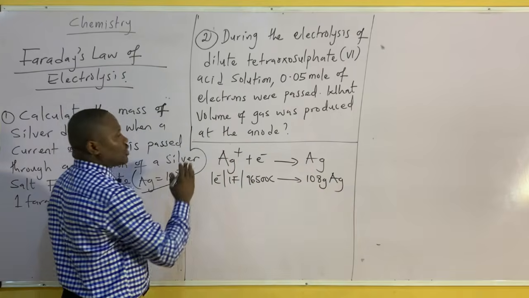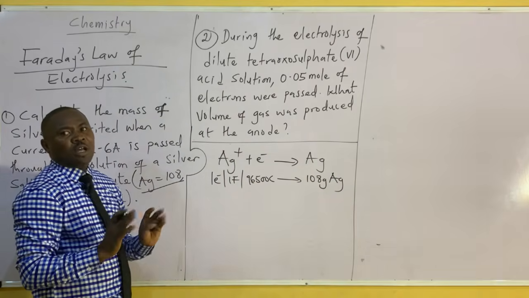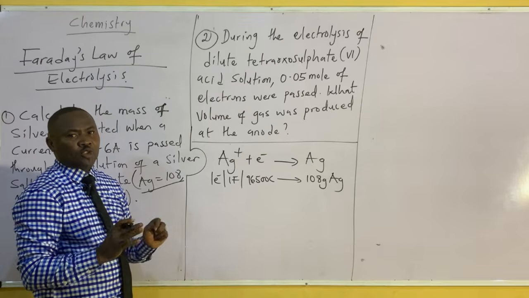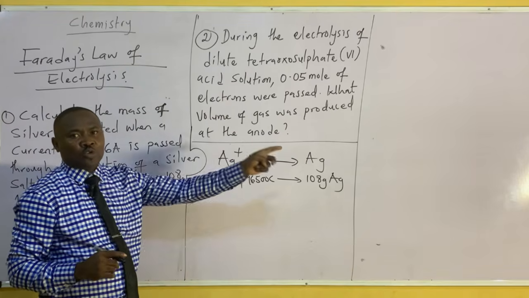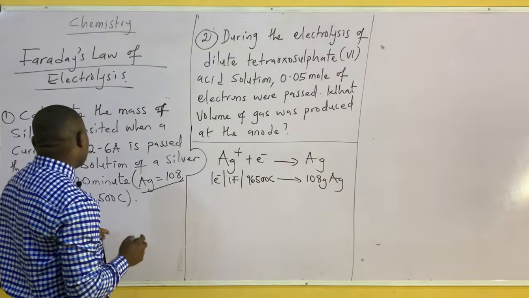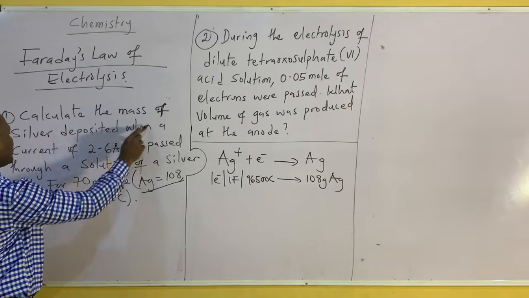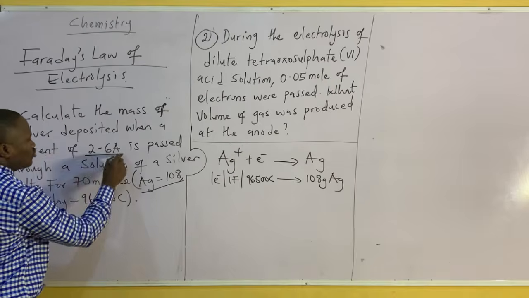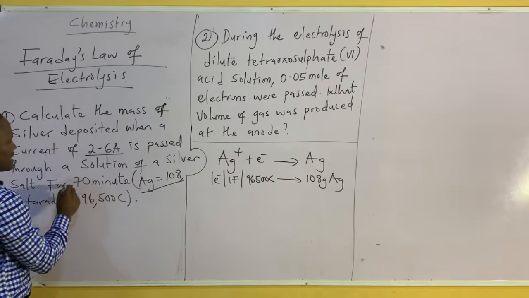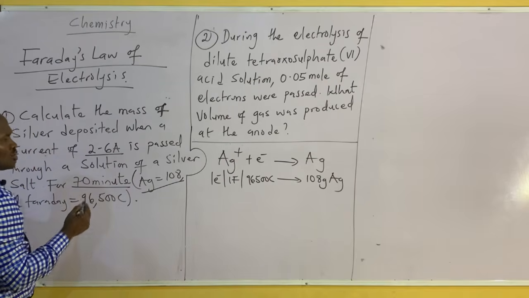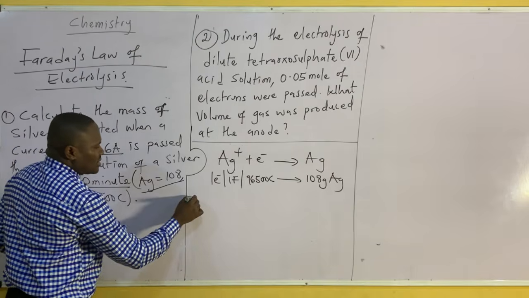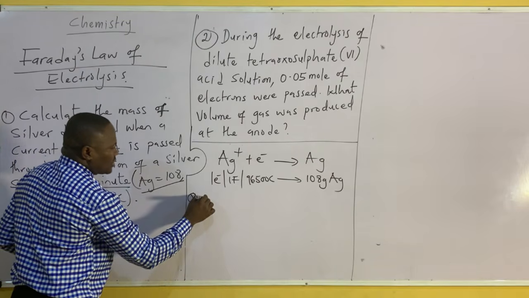That's what this equation at the cathode has shown us, because a positive ion will go to the cathode. Now the question says calculate the mass of silver deposited when a current of 2 ampere passed for 70 minutes. So it means, what is now the quantity of electricity?